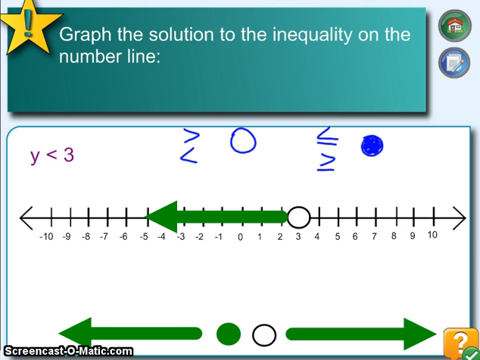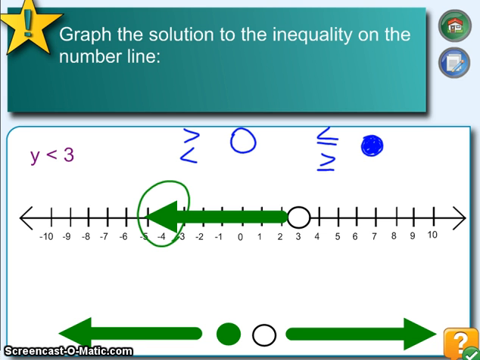So I'm going to take my arrow that points to the left, and that's the direction I'm going to shade. Most important part is this arrow portion of your shading. That arrow indicates that you keep going to the left. Anything that happens to the left of that number, as far out as you'd like to go, will be a possible solution to the inequality.